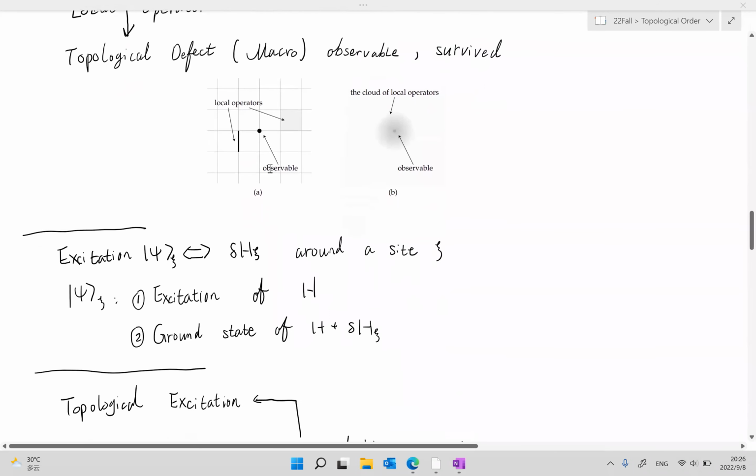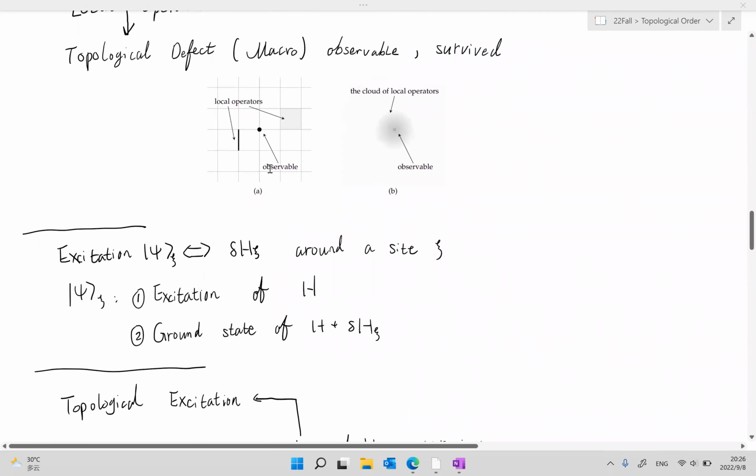Another concept is the excitation. How do we describe an excitation, especially an excitation located around some specific site?